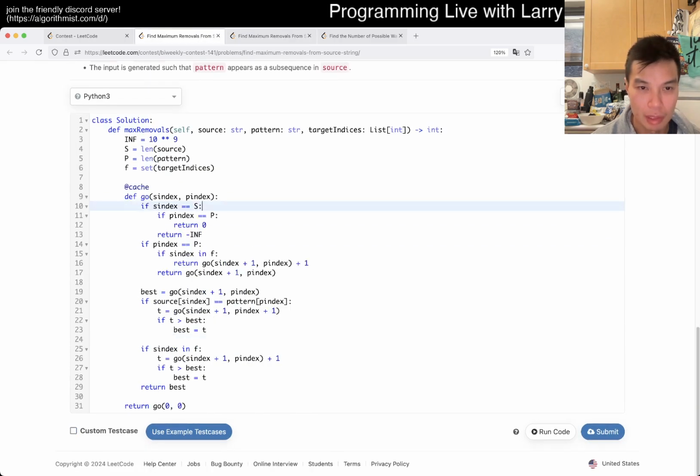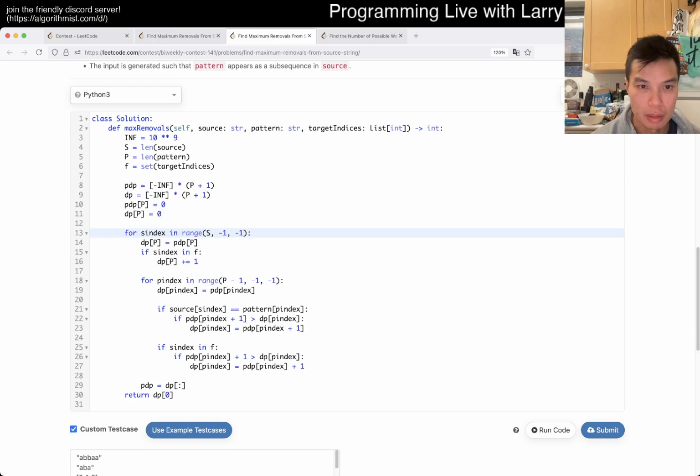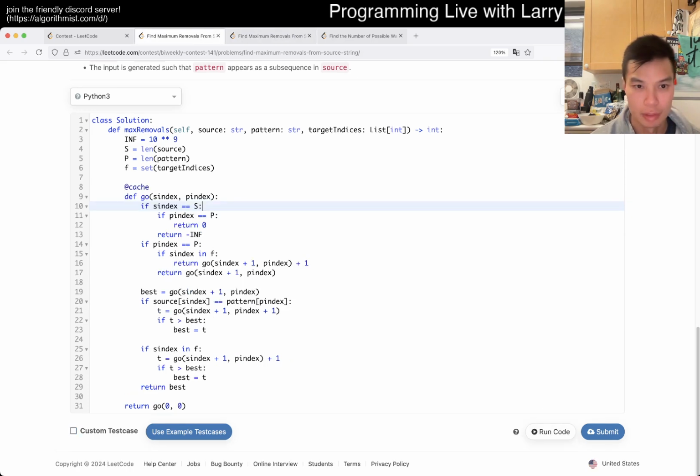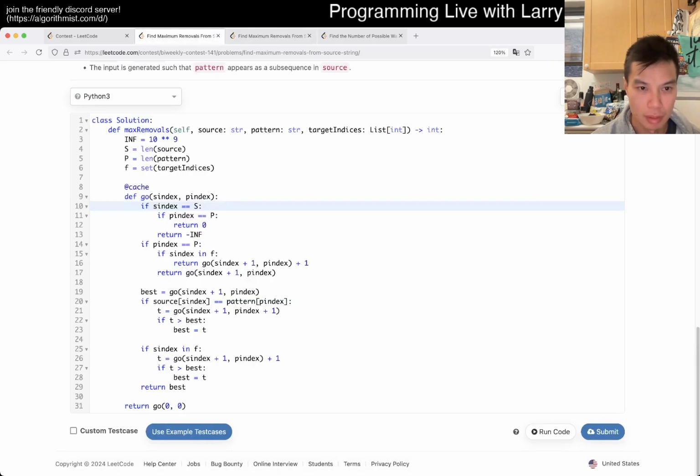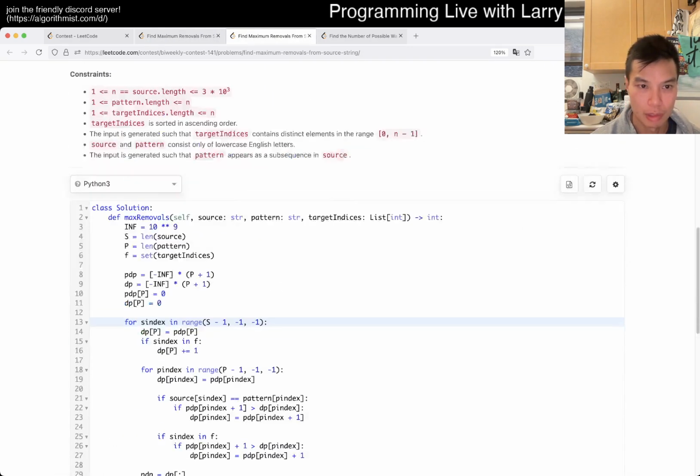S index is equal to S. This is when it's equal to S, right? So yeah, that's really it. Okay, so that looks good.